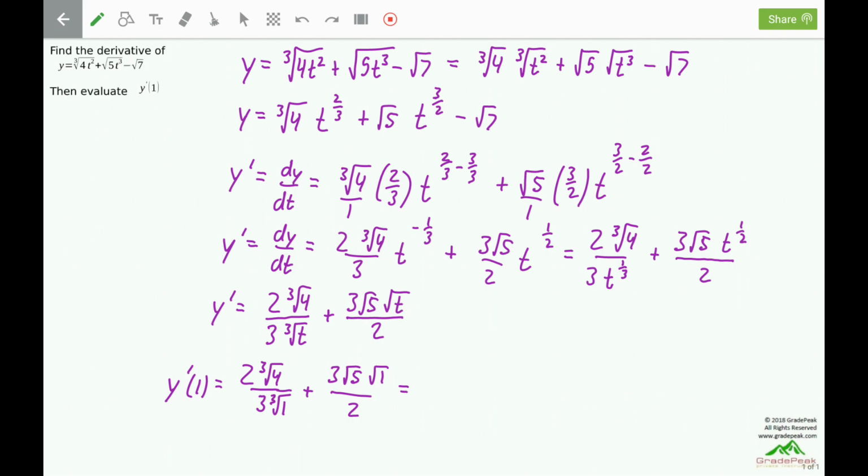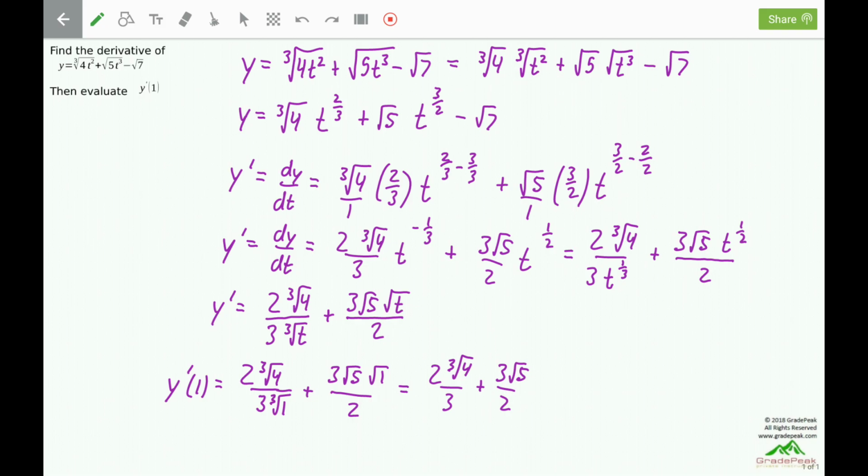Now any root of 1 is going to be a 1, so we will have 2 cubed root of 4 over 3 times a 1, which will just be a 3, and then 3 square root of 5 times the square root of 1, which is a 1, and then over 2.